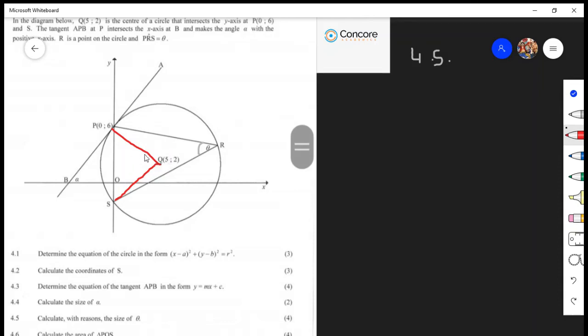And remember, by angles at a center, this angle here is twice the size of this angle. So if we call this angle x, then angle x is equal to twice angle theta. So we can also use this method here.